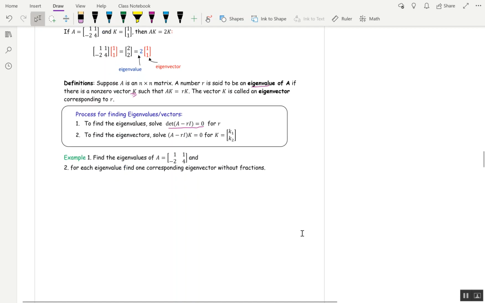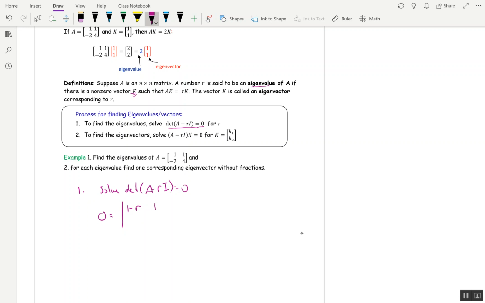So 1, find the eigenvalues of A. So for 1, we're going to solve determinant A minus rI equals 0. So that's 0 equals the determinant. A minus rI, we're just going to subtract r from the main diagonal.